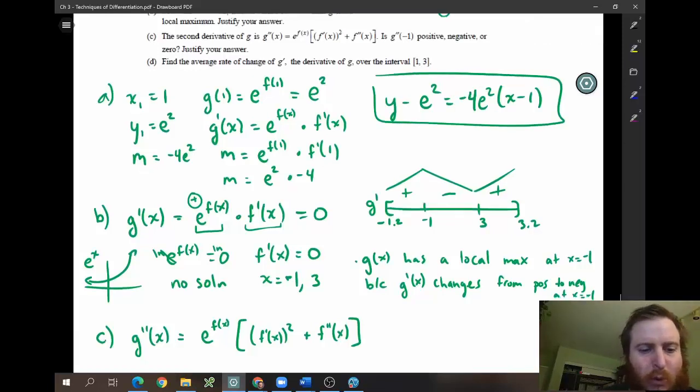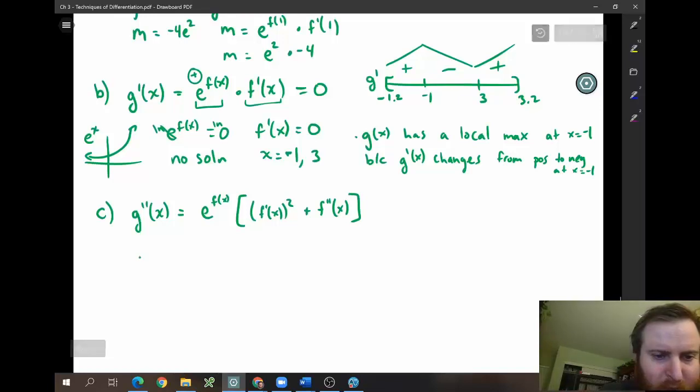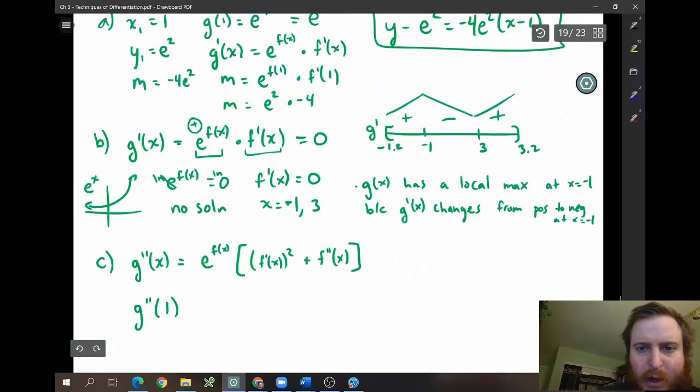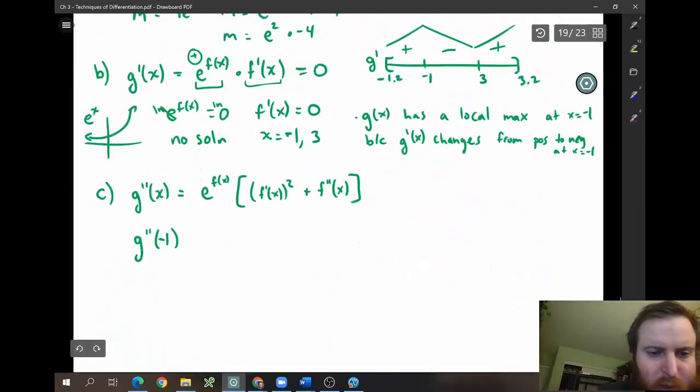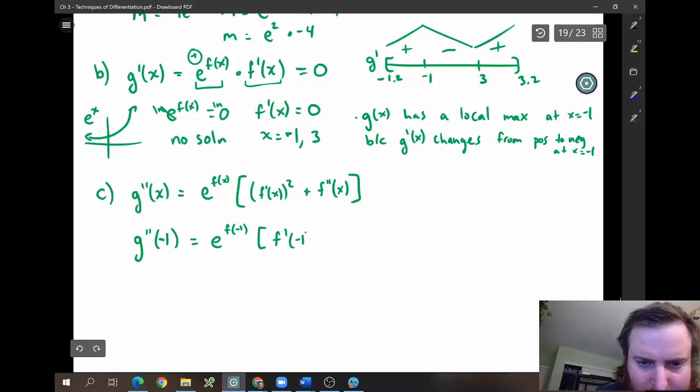So we want to look at g double prime and think about, do we know those values at -1? Yeah, g double prime of -1. So e to the f of -1 times f prime of -1 squared plus f double prime of -1.